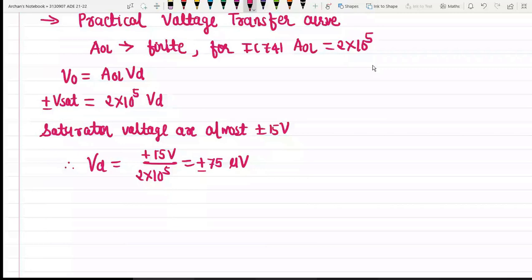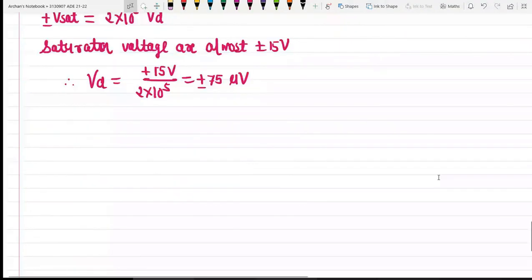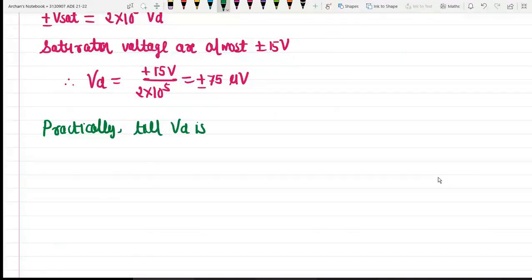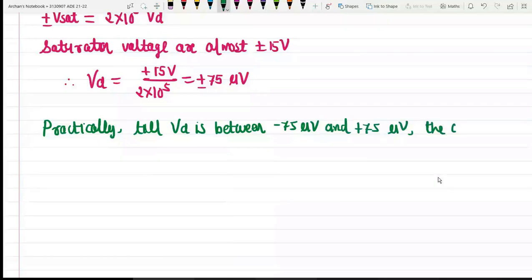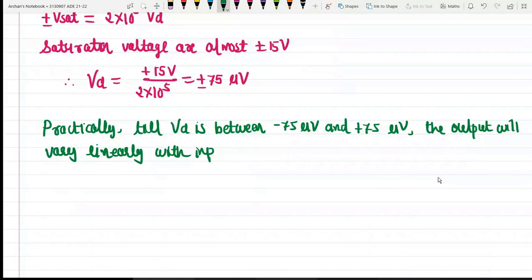So practically, as long as VD is between minus 75 microvolt and plus 75 microvolt, the output will vary linearly with the input.